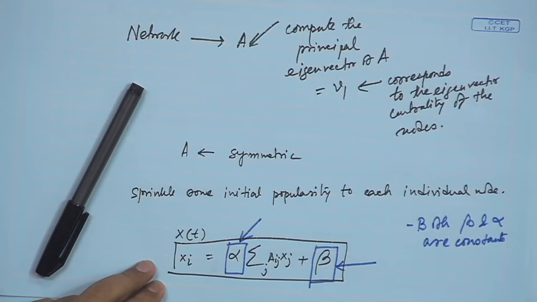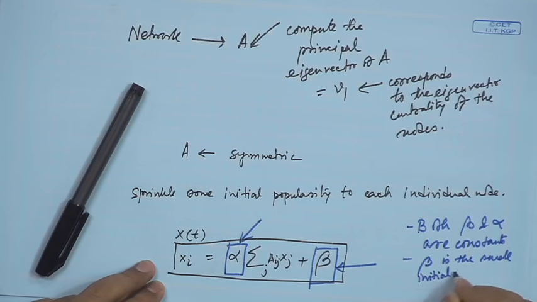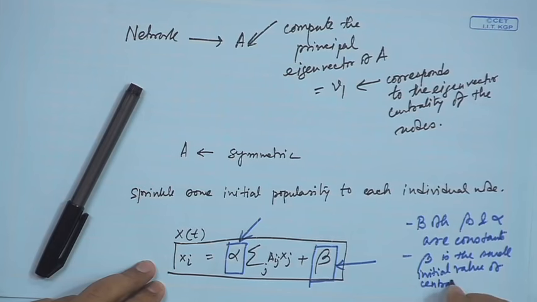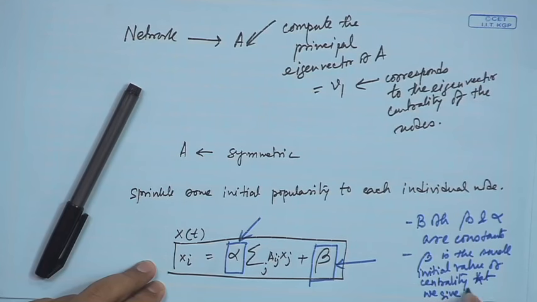This is the first premise. The second thing is beta is the small initial value of centrality that we give to each node.